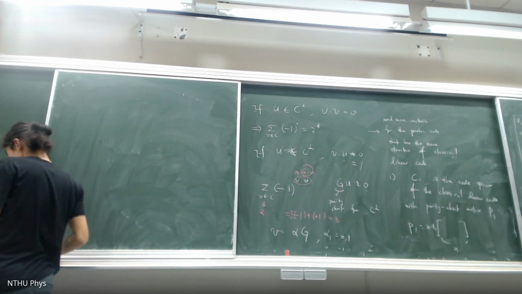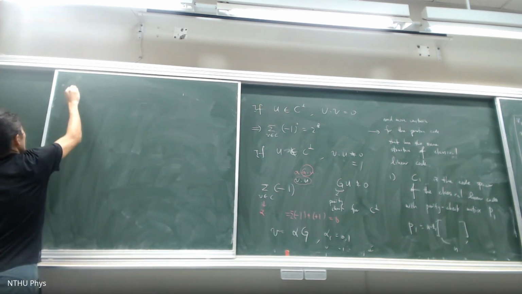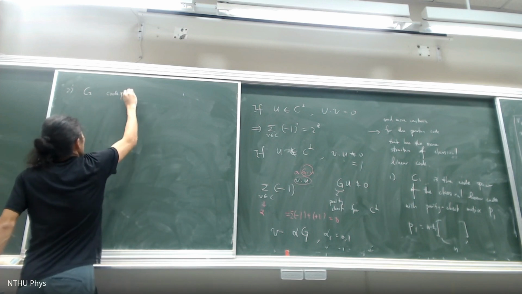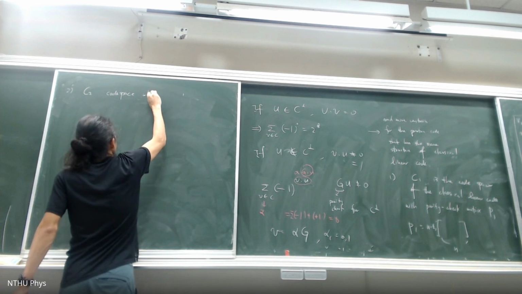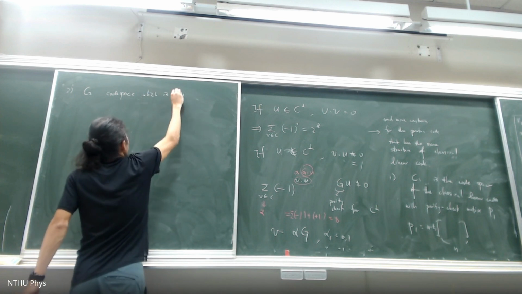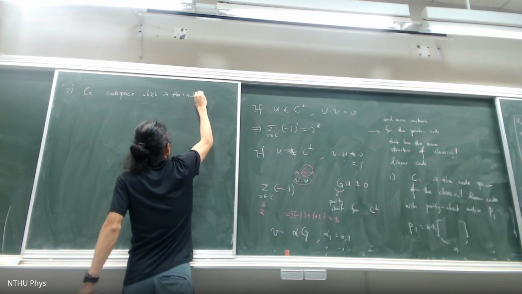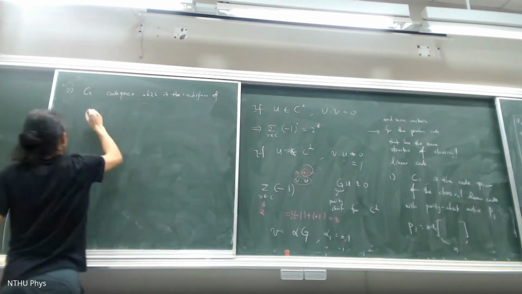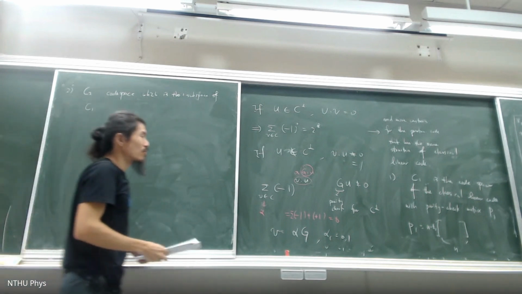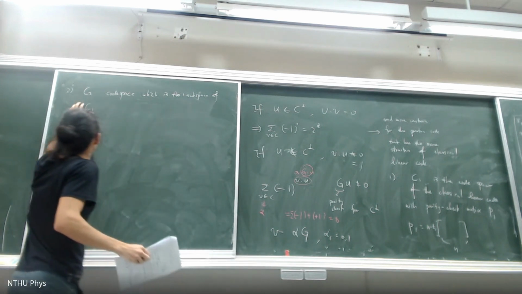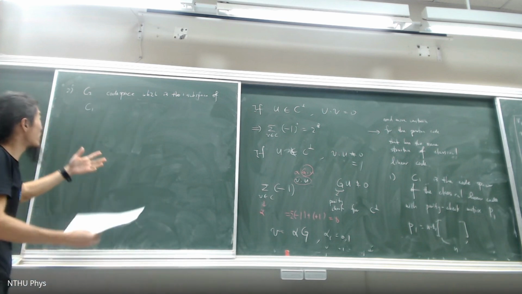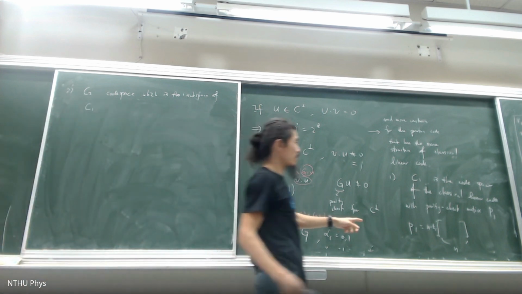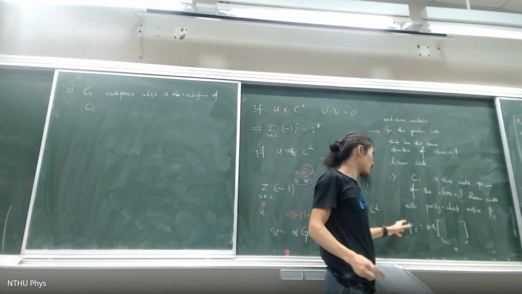Then let me consider a C2 code space, which is the subspace. As you know, if it's a subspace of C1, that means there are more constraints on C2. If C2 has more constraints, that means the corresponding parity check matrix is larger.